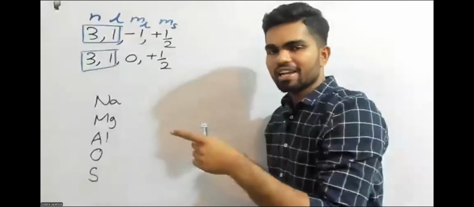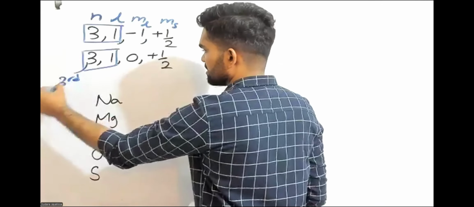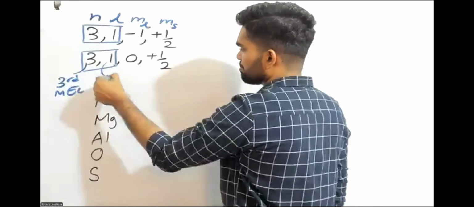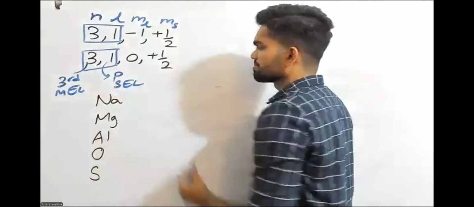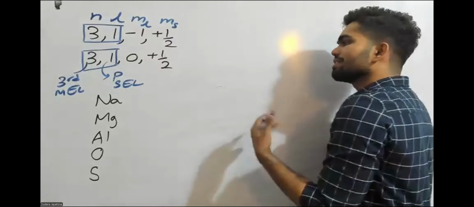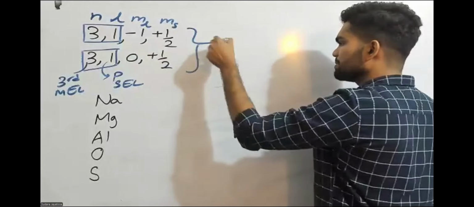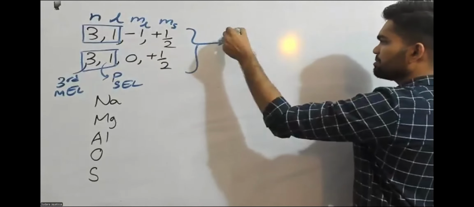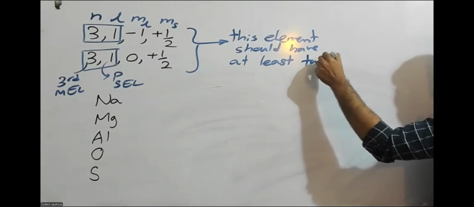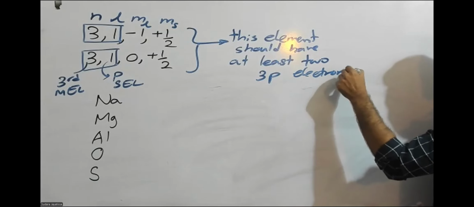If you take 3 and 1, 3 means third main energy level, and 1 represents the p sub energy level. So now it is telling you about 3p electrons. So the final conclusion you can arrive at is that this element should have at least 2 3p electrons.